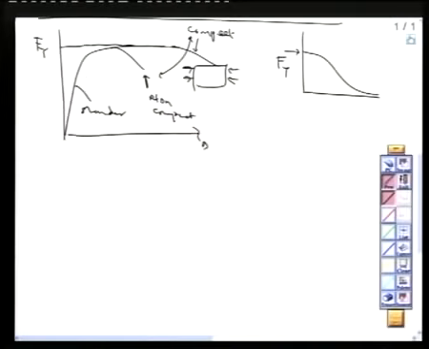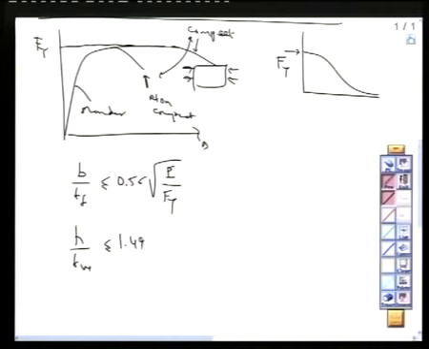b divided by tf should be less or equal to 0.56 square root of E divided by Fy, and lambda, h over tw less or equal to 1.49 square root of E divided by Fy.